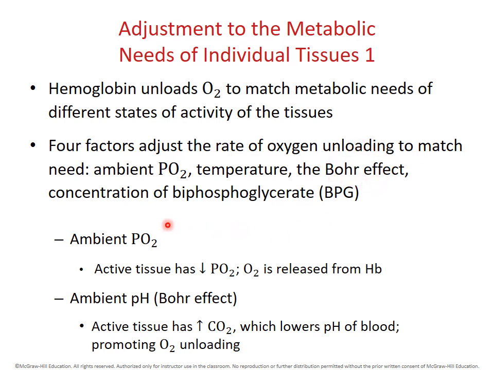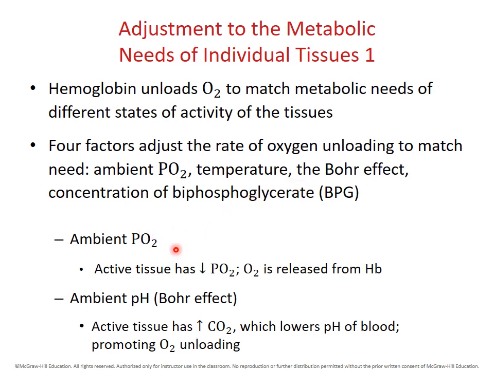And then finally, something called biphosphoglycerate. Some books refer to this as diphosphoglycerate. It's a chemical released by erythrocytes, and it also will affect hemoglobin's affinity for oxygen.